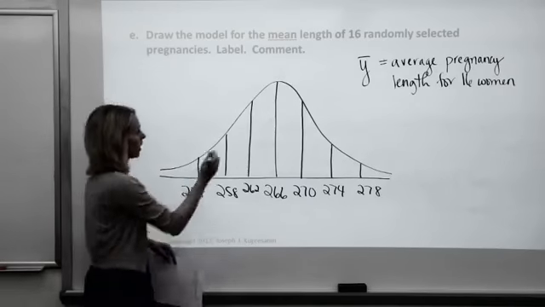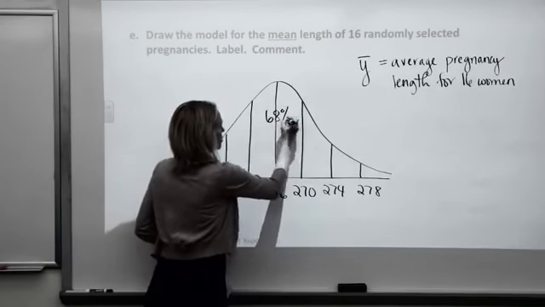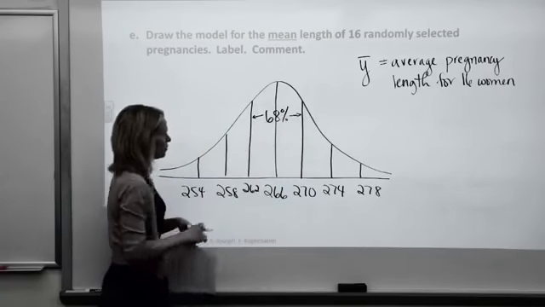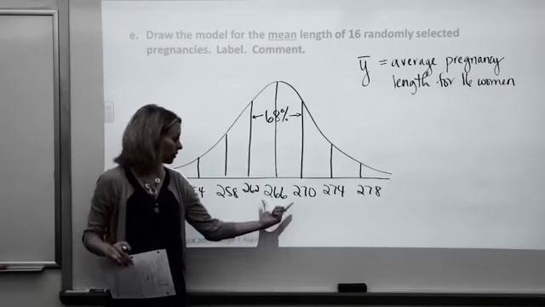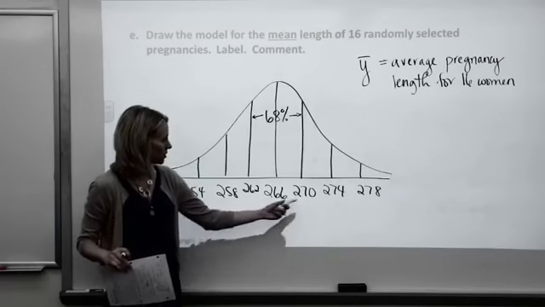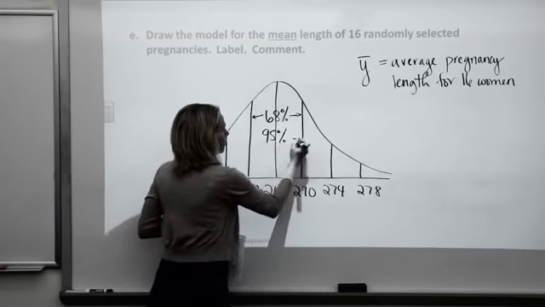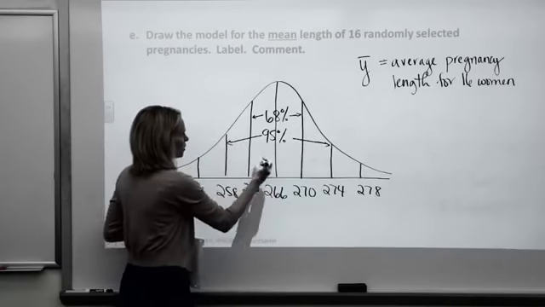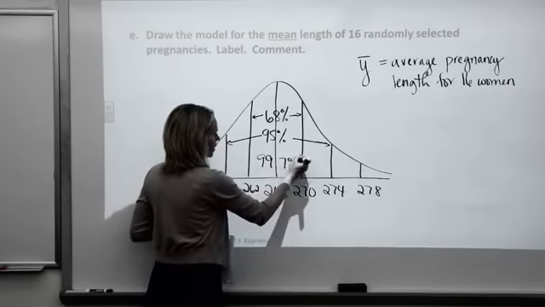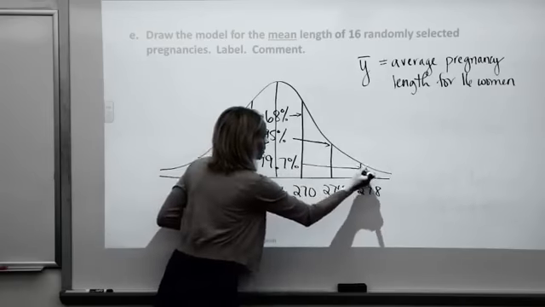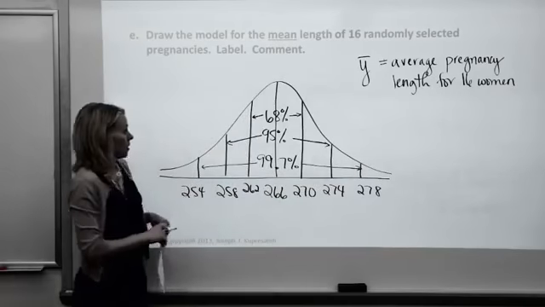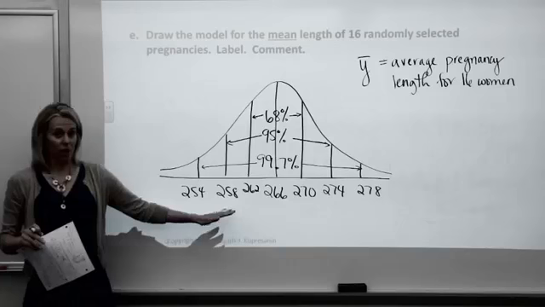And you know, same rules apply. 68% of the time, if we have 16 women, we'd expect the average length of their pregnancy to be somewhere between 262 and 270 days. And 95% of the time within 2 standard deviations, and almost all of the time within 3. But keep this straight from what you had earlier.